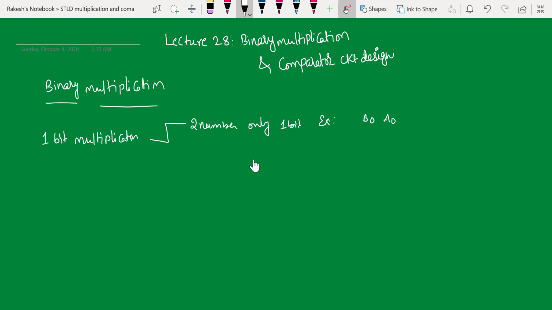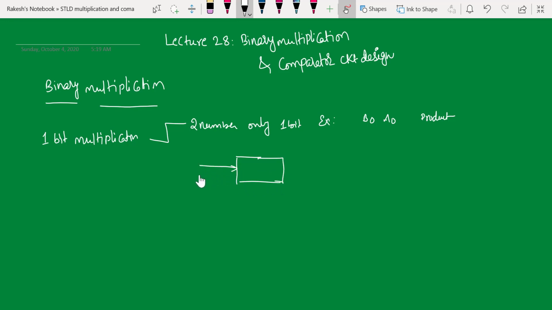So if you want to do that, you have all possible combinations. You are going to get a product term. So if you look at all the possible combinations, that means you are going to have two inputs. That means your combination logic circuit will have something like this box.